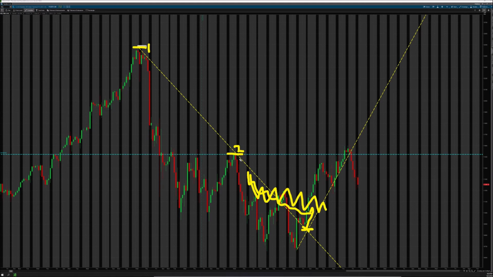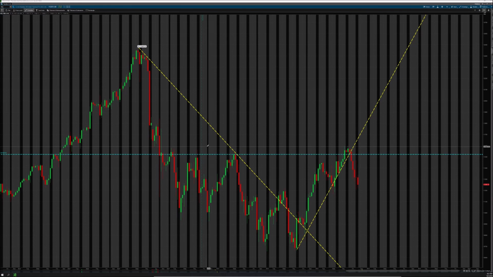But what I do know is if it gets above this trend line here, it could get back on the upside. If it breaks this resistance here, it goes back on the upside. So those are key levels on this chart as we see it so far.